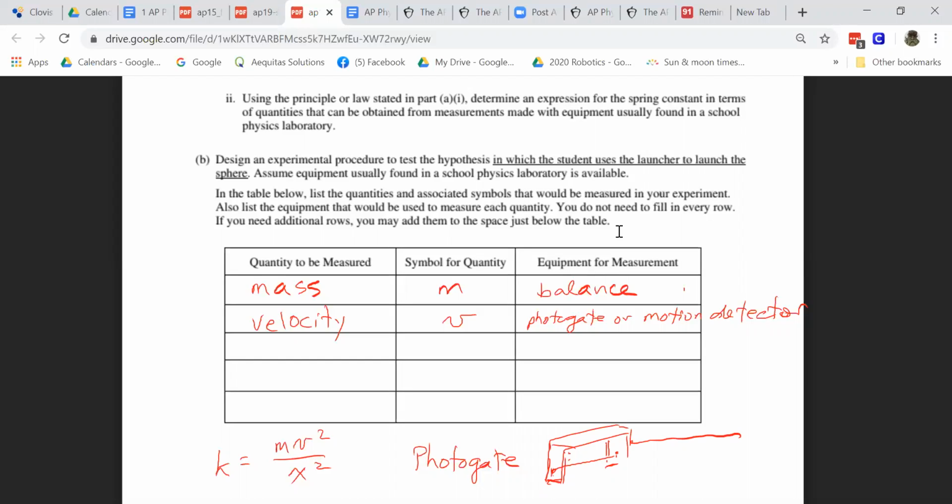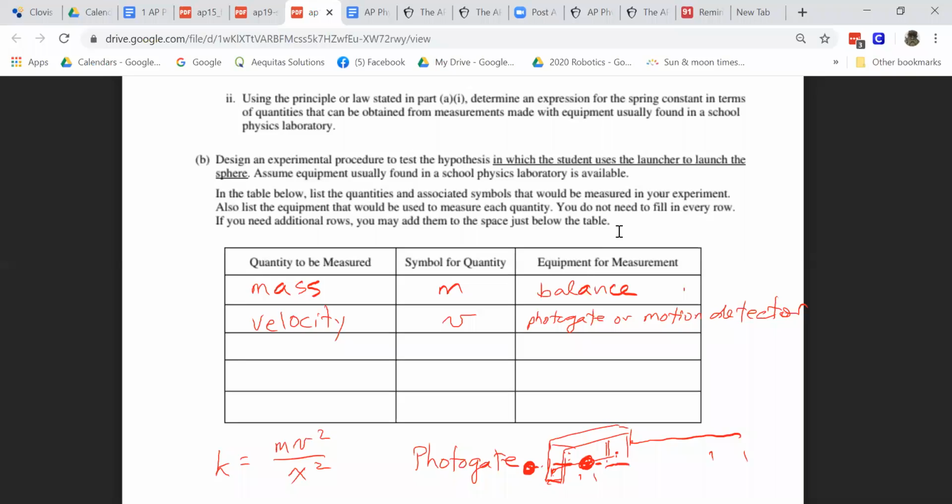So if you were to shoot the ball through the laser, it'll block the light, and it will tell you how much time the light was blocked. Then you have to measure the diameter of the ball. Ooh, that would be good.